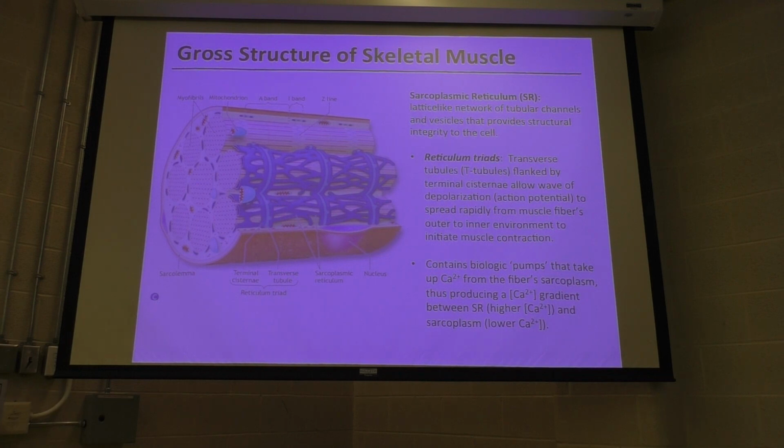They call it a triad because when you cut the muscle, it looks like SR, transverse tubule, SR. It's not actually a triad in and of itself, it's just a relative term. There are three things that flank each other, and that's why they call it a triad.